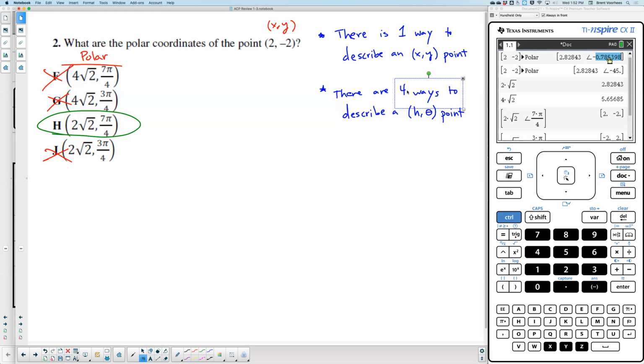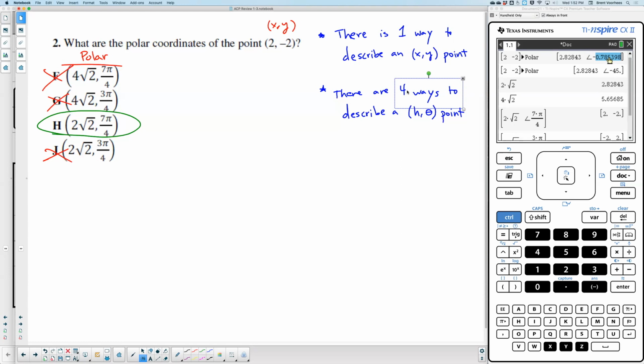Is that right? What I just said? There's more than one way to write an x and y. That's not right. How many ways can you write an x and y? Only one. There's more than one way to write a polar. So what's the trick? Start with the polar, because if you type in the polar, it'll give you the only x and y, and you compare that one.